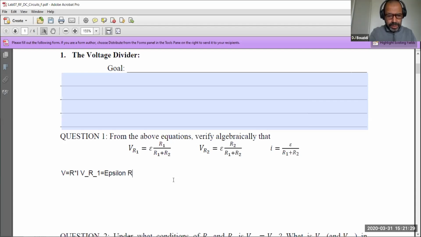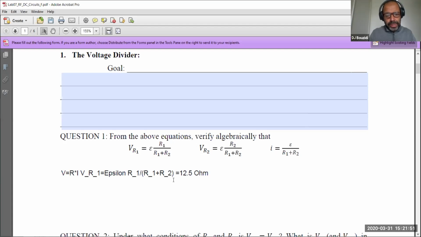Times R underscore 1 divided by open parentheses R underscore 1 plus R. Of course, this is not the answer to this question, but I'm just showing you how you can write formulas if you really have to write formulas in here. And if you want to write a number in here, equals 12.5 ohms, okay?